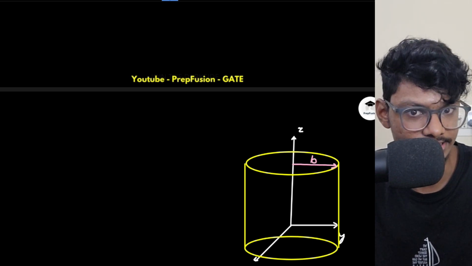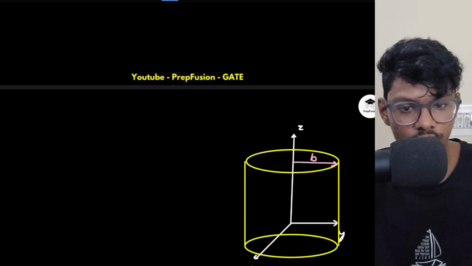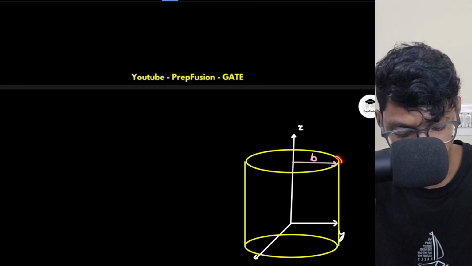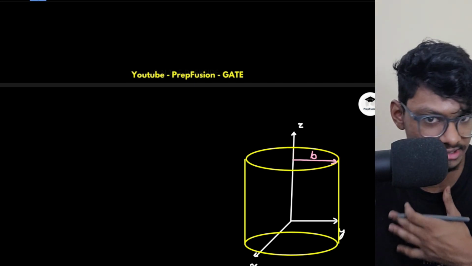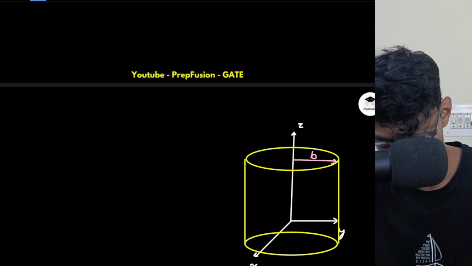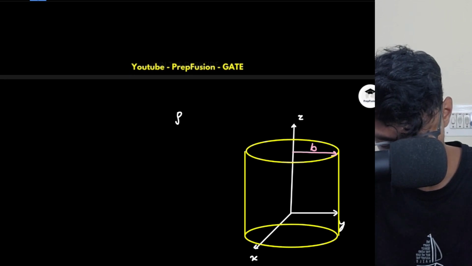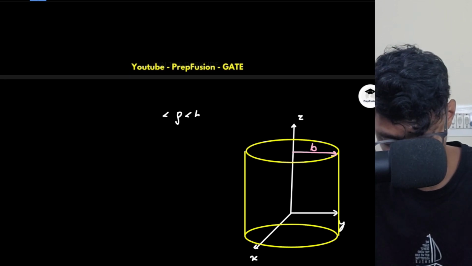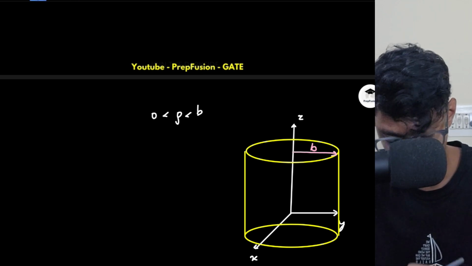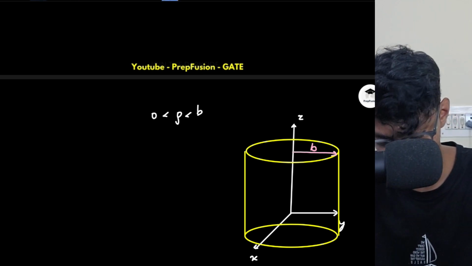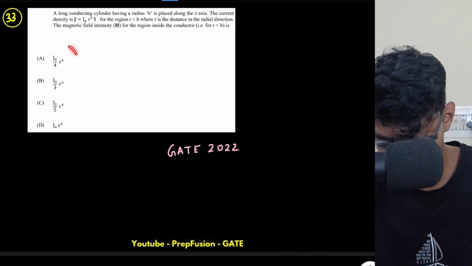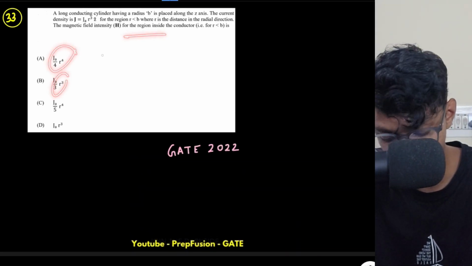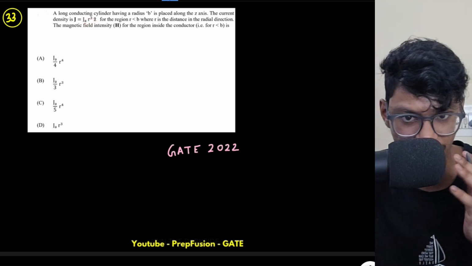So my Amperian loop, now I will not choose it from b, I will just assume it to be at some distance rho, and my rho will vary from 0 to b. Rho is a variable, because my answer will come in terms of rho. Here they have told r, because they are defining r as the radial distance.